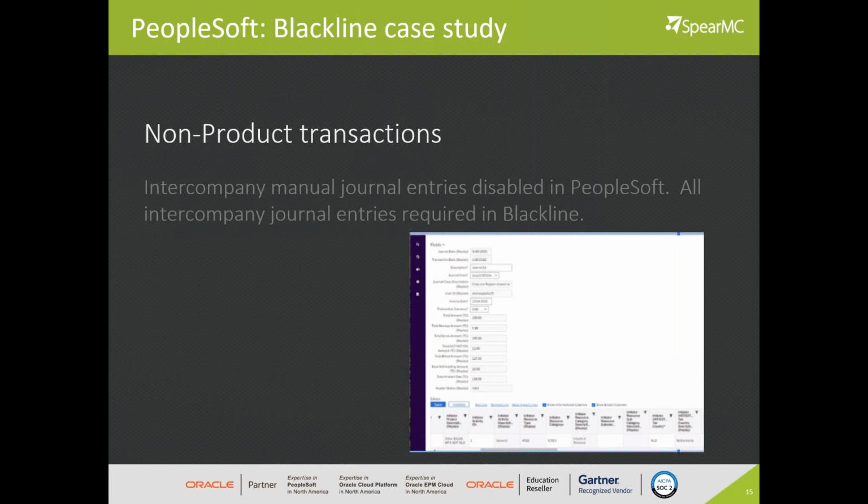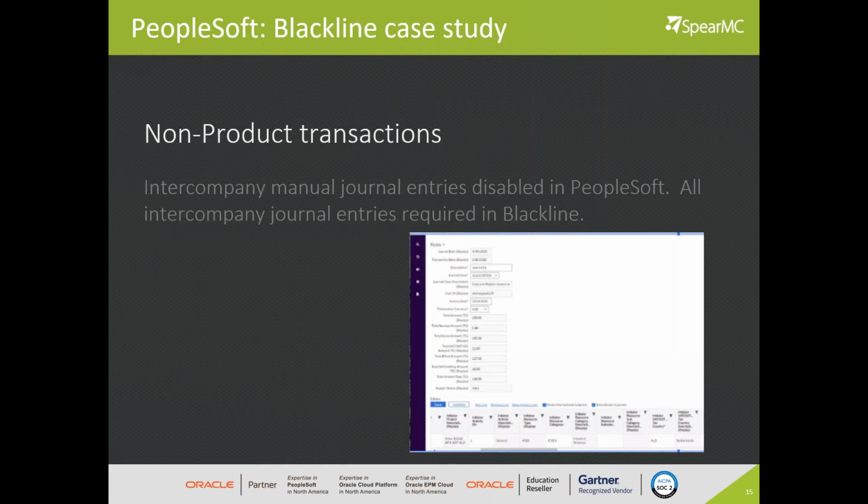What we chose to do is disable manual intercompany journal entries in PeopleSoft. We no longer allowed our users to enter an intercompany journal entry in PeopleSoft. We had them enter them in Blackline instead.